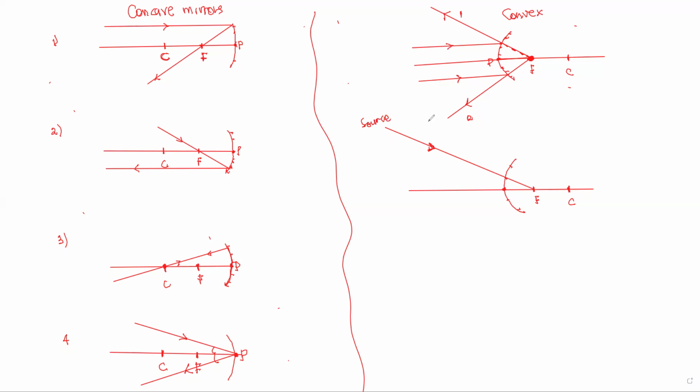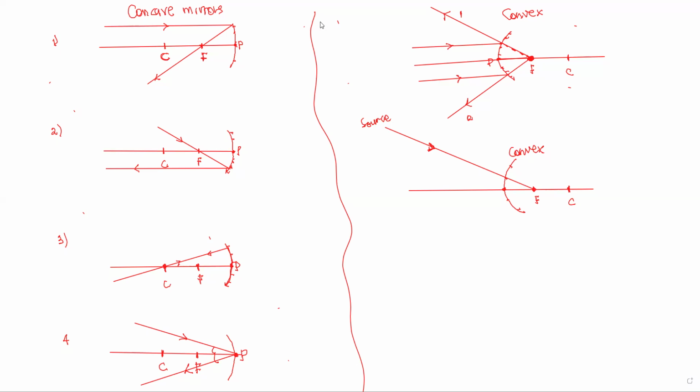This ray appears to be passing through F. And once it appears to pass through F, after incidenting on the mirror, what do you think will happen? Share your views with us.